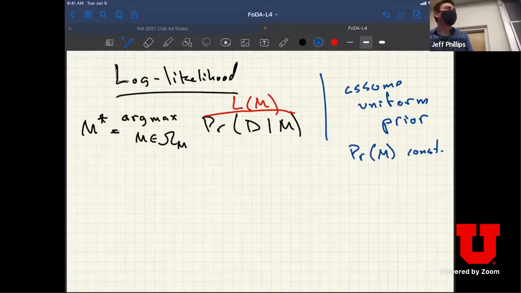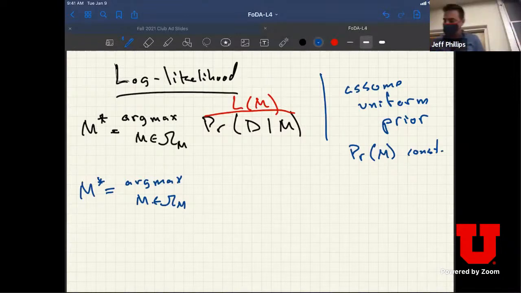We'll start with this, and in the next lecture we'll come back and put the model back in. And so we're going to find what's called the maximum likelihood estimate. We're going to start again with arg max over M in some space of models, and I think I'll drop the sample space here.